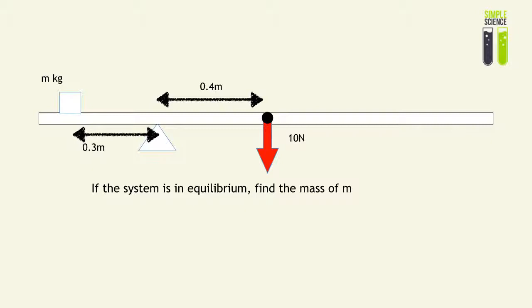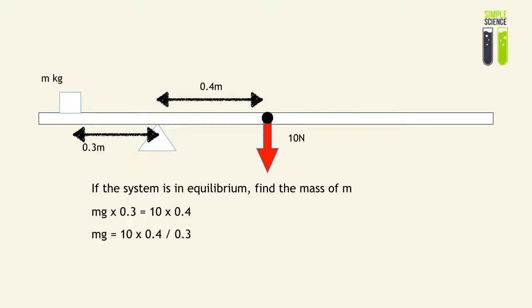So basically, we take moments about the pivot, and it is in equilibrium, so the clockwise moment is equal to the anti-clockwise moment. So we know that the force with which the block acts on the rod is mg, its weight, multiplied by the distance from the pivot, that's 0.3, and on the right side, in the clockwise direction, you have 10 newtons multiplied by 0.4 meters, and that gives you 0.3 mg = 10 × 0.4.